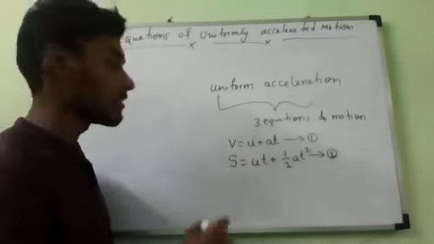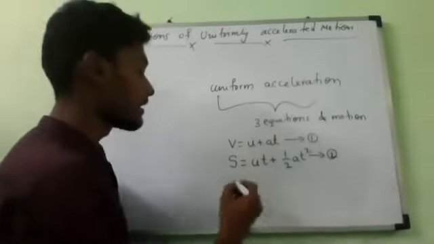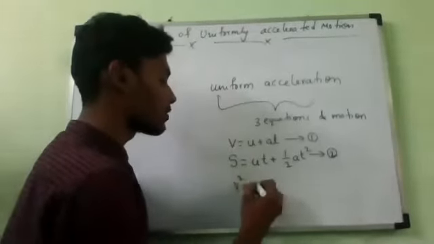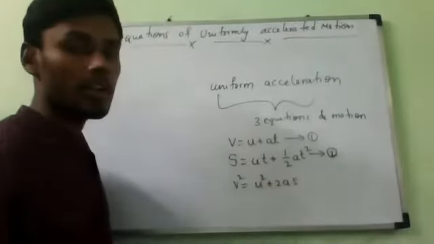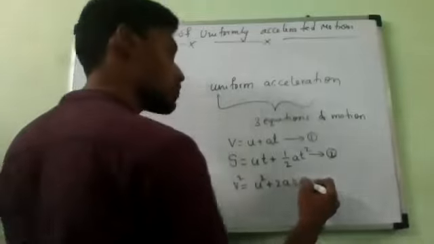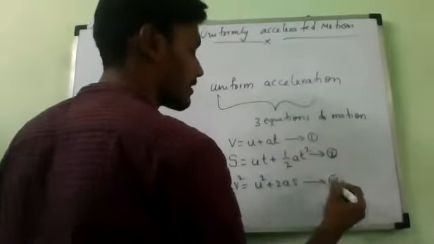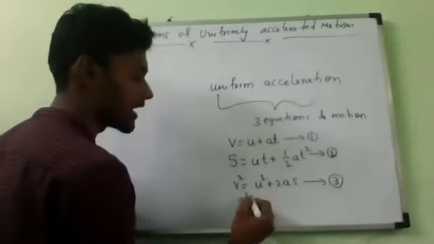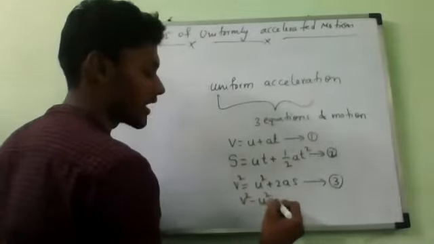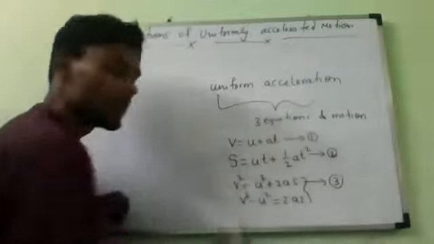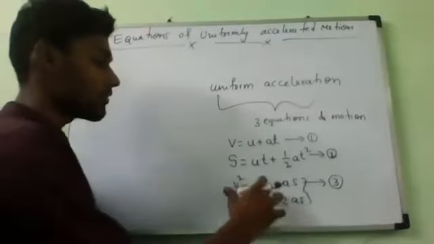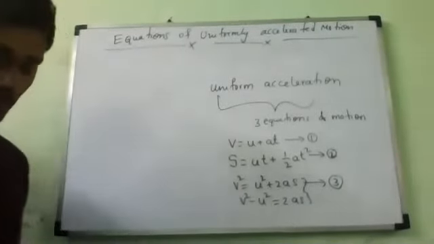The third equation is V square equals U square plus 2AS. Or else we can write it as V square minus U square equals 2AS. Both are the same, because U square moves to this side and becomes minus U square.